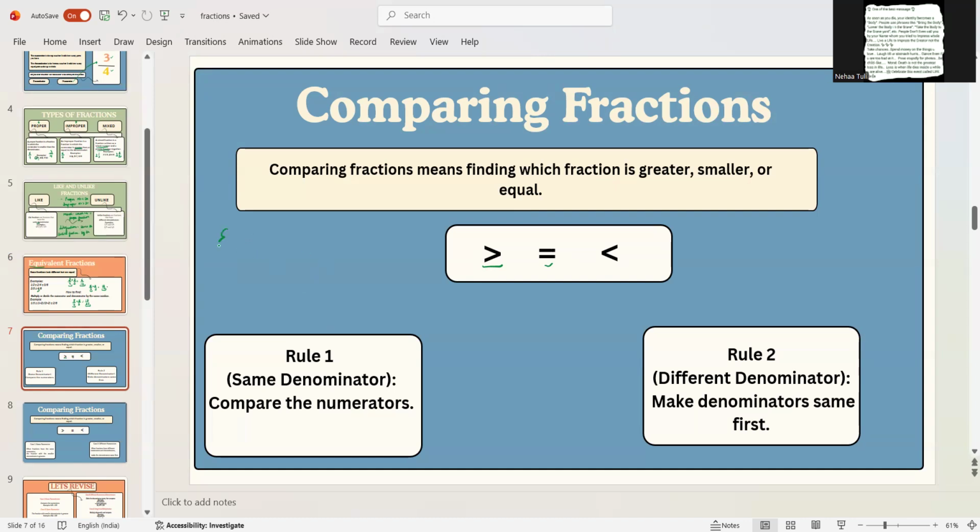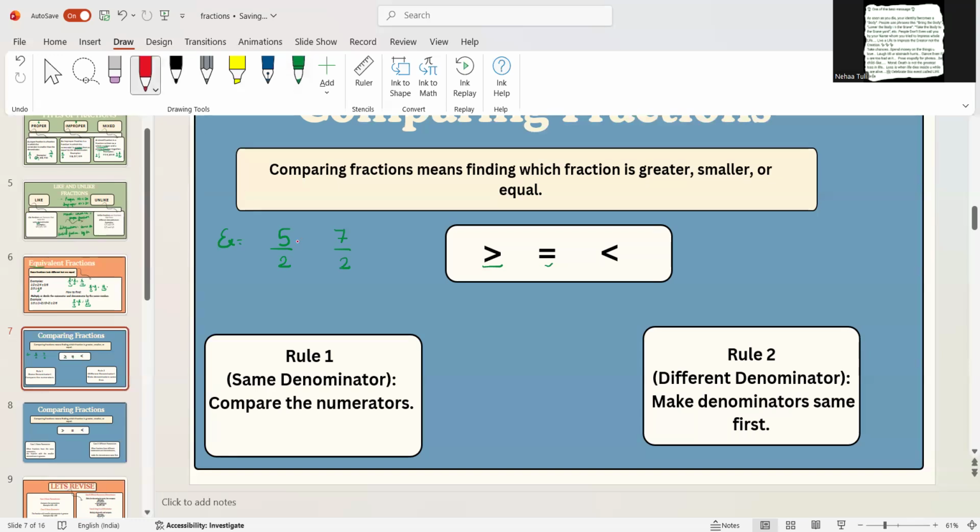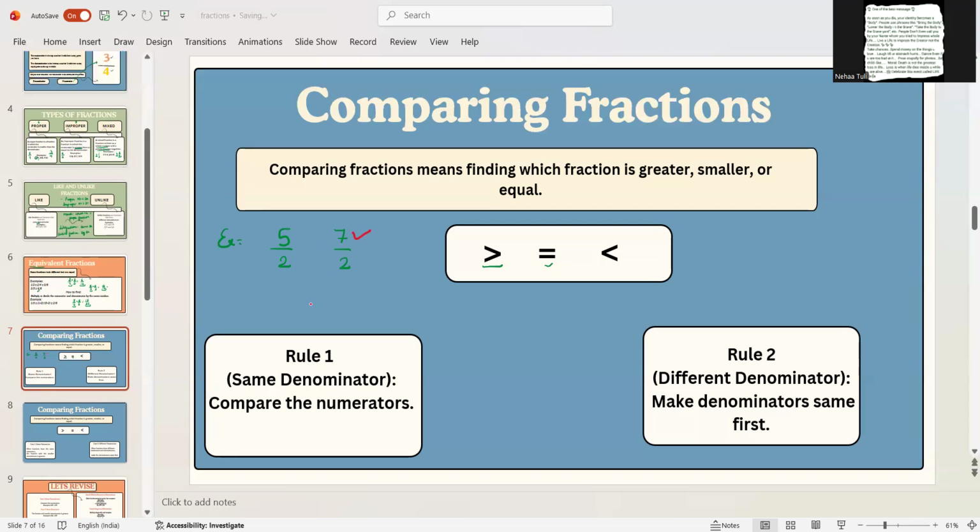Let's take an example like 5 upon 2 and 7 upon 2. If you have checked it, you must have seen that your denominators are same. So we can say that we have to check which numerator is bigger. Means if 7 is bigger, so we can say that 7 upon 2 is bigger one.